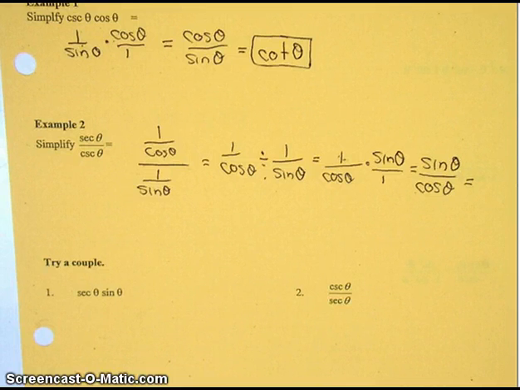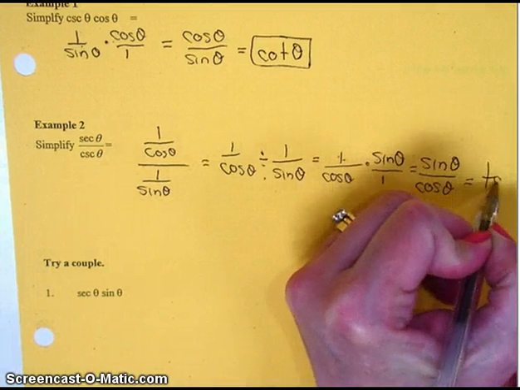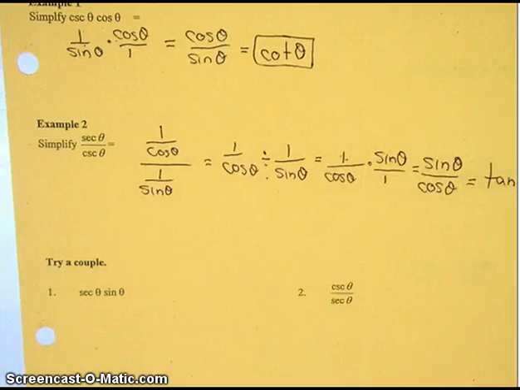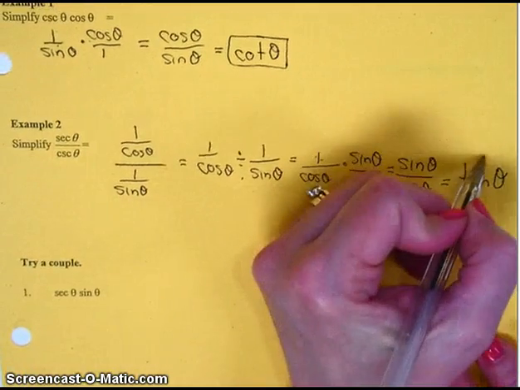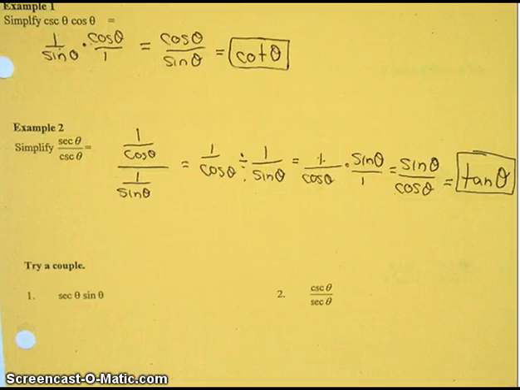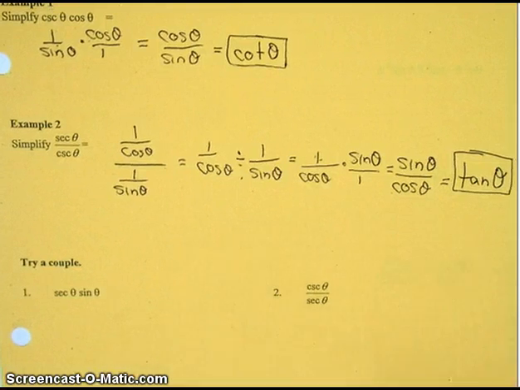Which card allows us to change sine over cosine to something? Find a card that has sine over cosine. Very good, Vanna. Tangent theta. Now, does that look like a nice little compact answer, guys? Yes. Sounds good. Flip it over to example 3.